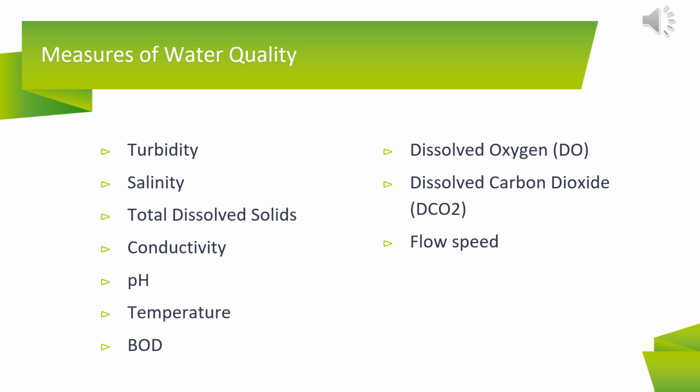What is the pH? What is the temperature? What's the biological oxygen demand? What is the dissolved oxygen and the dissolved carbon dioxide? And if this is a moving body of water, what is its flow speed? All of these characteristics are what we look at when we talk about whether or not a water system is clean or whether it has high or low water quality.